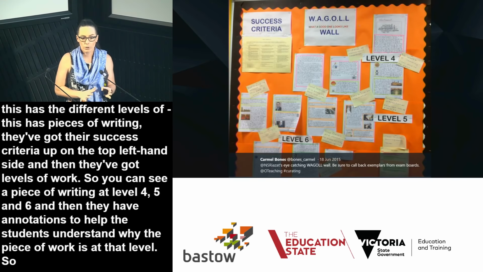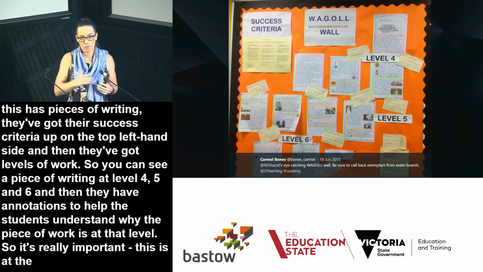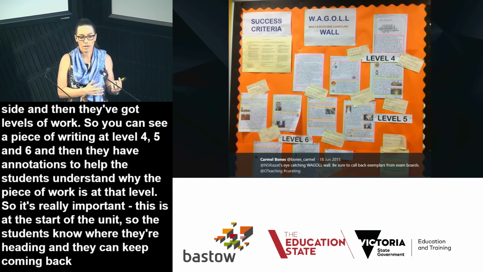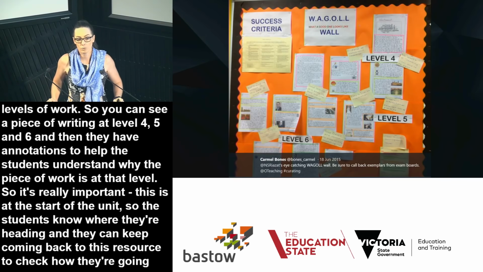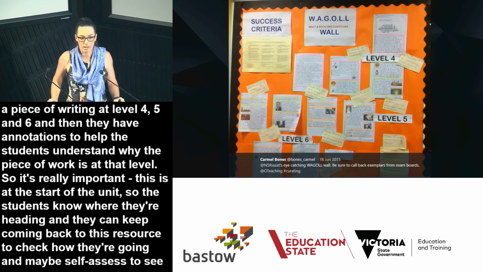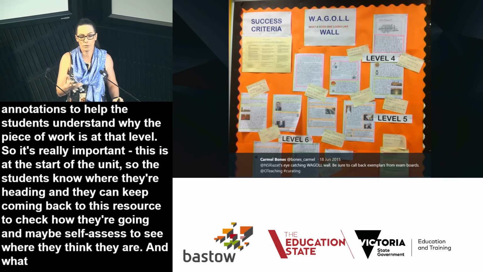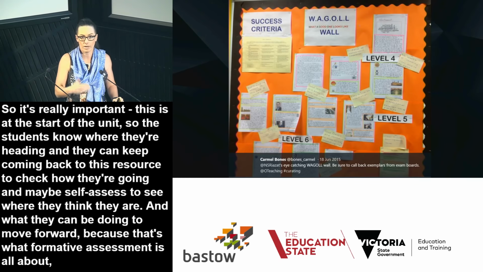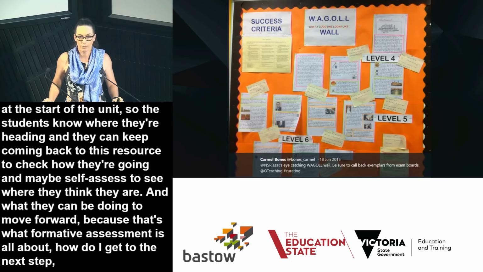So it's really important, this is at the start of the unit, so the students know where they're heading and they can keep coming back to this resource to check how they're going and maybe self-assess to see where they think they are and what they can be doing to move forward, because that's what formative assessment's all about. How do I get to the next step? How do I improve?